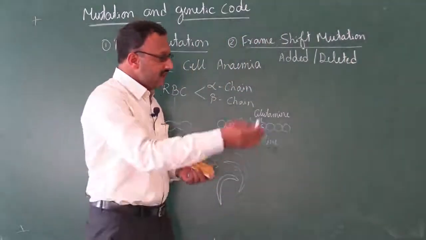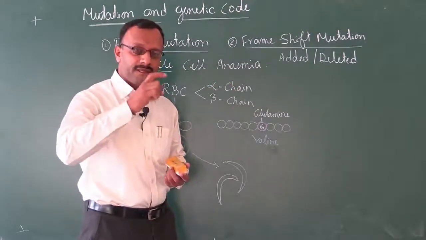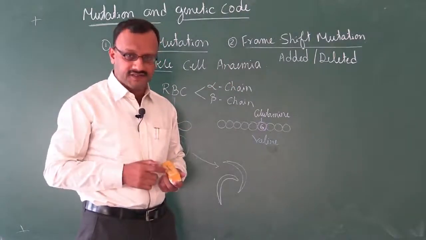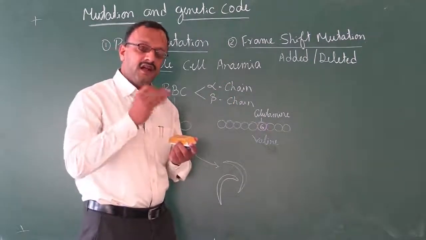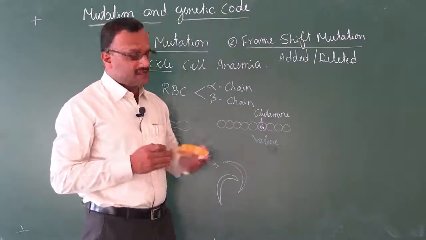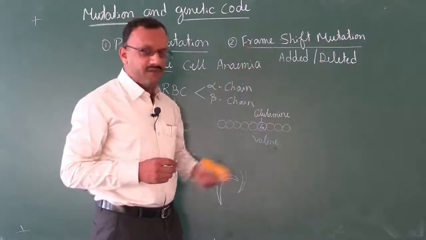The result is that it will shift the frame of the nucleotide sequence, which brings about changes in the amino acid sequence in the protein. That is what we call frameshift mutation.